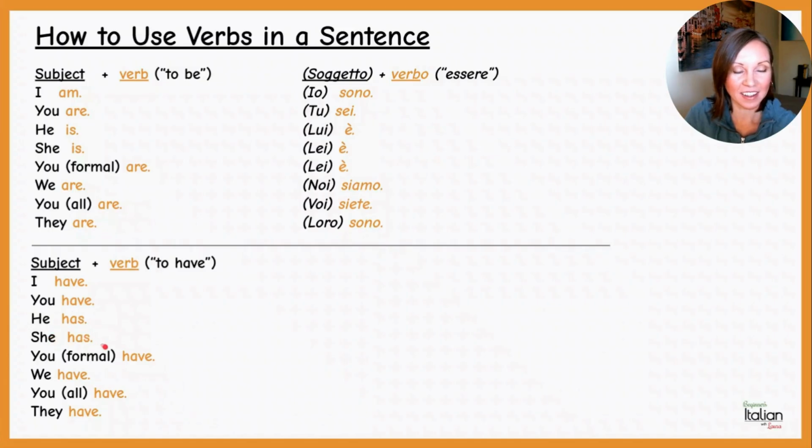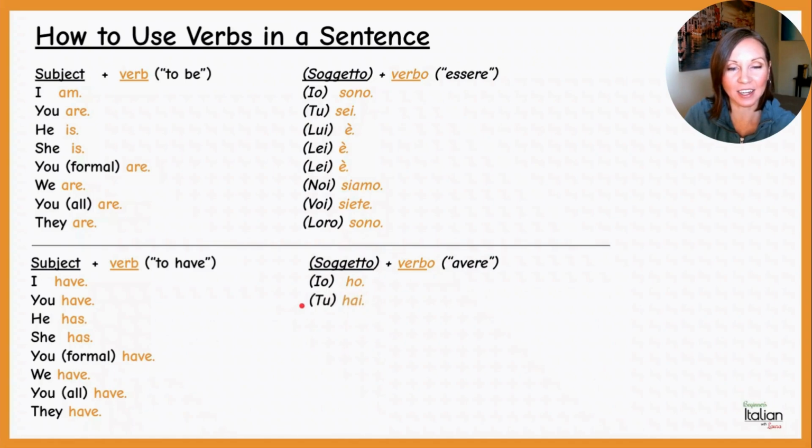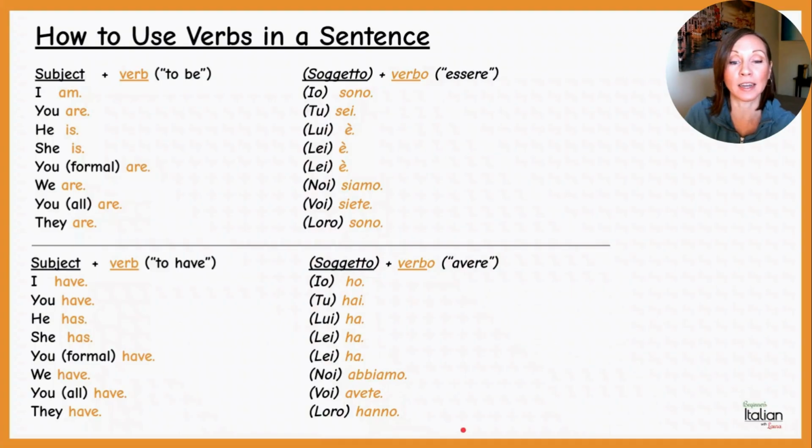And then in Italian, we have io ho, tu hai, lui ha, lei ha, lei ha, noi abbiamo, voi avete, and loro hanno. Once again, we have our subject pronoun here and then our verb after. So, a very, very simple way to use a verb in a sentence.